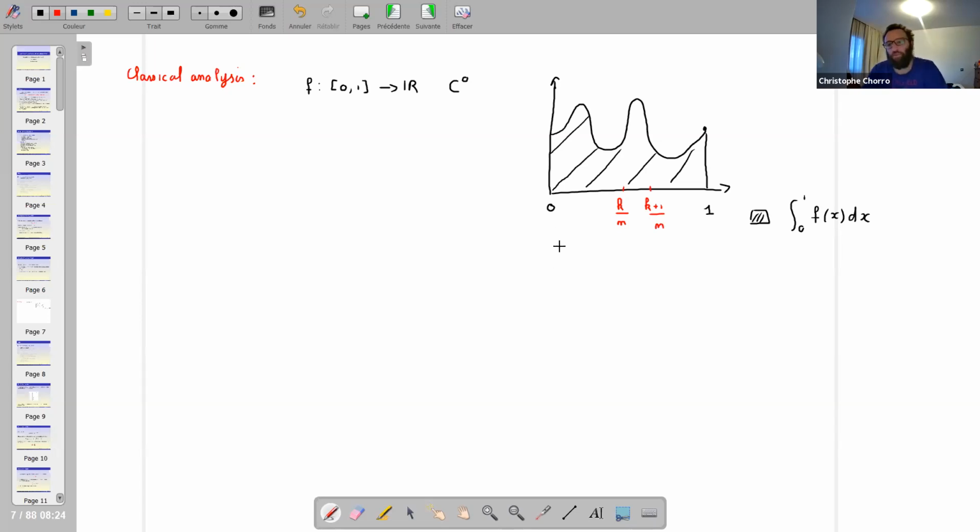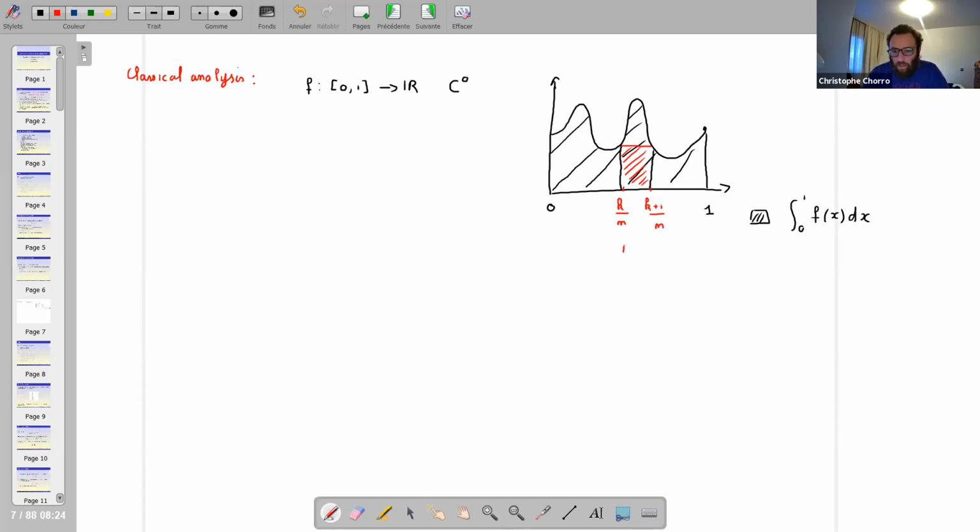So if I am between k over n and k plus 1 over n, we are going to approximate this area here, that is just the integral between k over n and k plus 1 over n, by the area of this rectangle here.